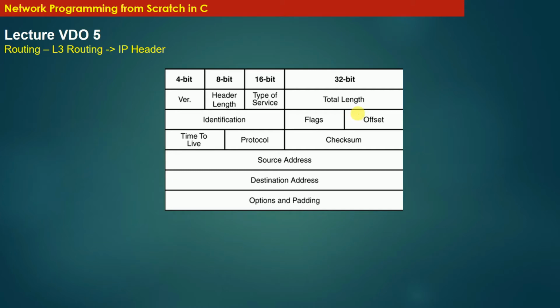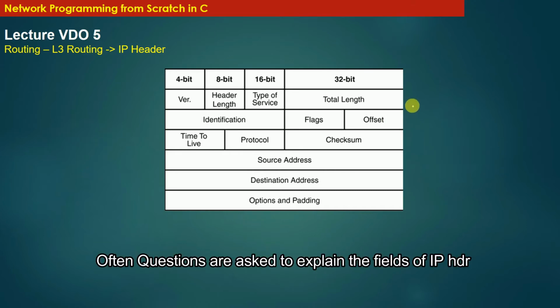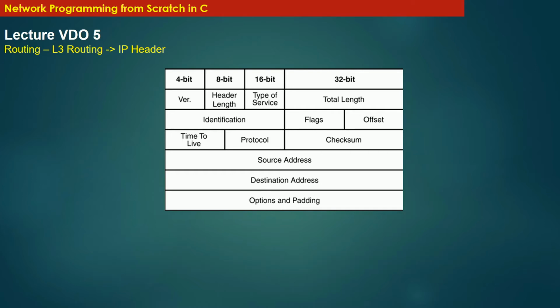So next we should discuss the format of the IP header. The IP header again is important, and you should know what the various fields of the IP header are. We are going to discuss only the fields which are of interest for this course, but you should consult your standard book, Forouzan, and you should know the rest of the fields of the IP header.